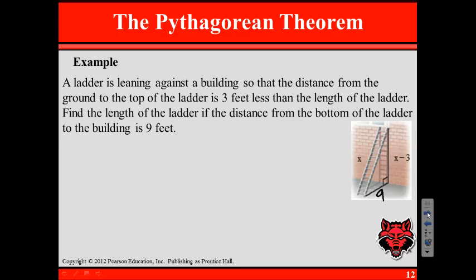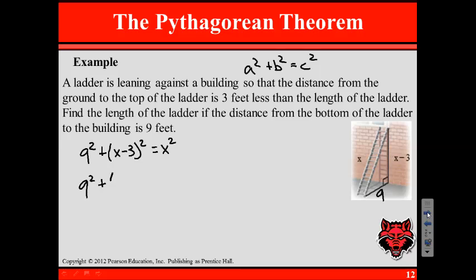Remember the Pythagorean theorem, leg squared plus leg squared equals hypotenuse squared. So our legs in this problem are 9 and x minus 3. We plug in and that gives us 9 squared plus x minus 3 squared equals x squared. Now, just like in the last example, anytime I have a binomial squared, I write that twice.